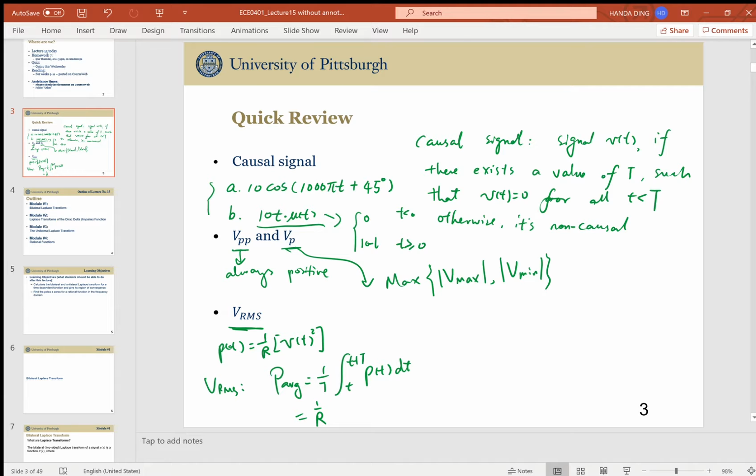Let's pull one over T outside the bracket, then you have this guy. So that is your V RMS. It's a measurement of the average power for the signal. So that's the quick review. I'm pretty sure you're going to use that in your homework 7. Let us know if you have any trouble with homework.